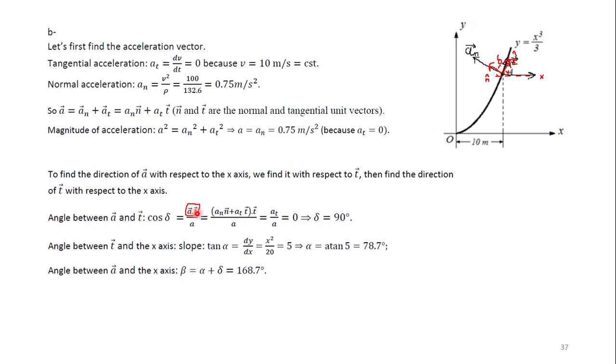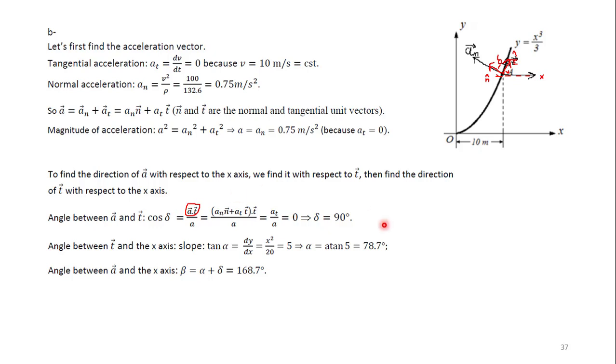Okay, if we write the scalar product between a and tau, it's equal to the magnitude of a times the magnitude of tau times cosine of delta. This will lead us to write cosine delta equal a dot tau over a, and the cosine will give us a value of 0, so delta will be equal to 90 degrees.